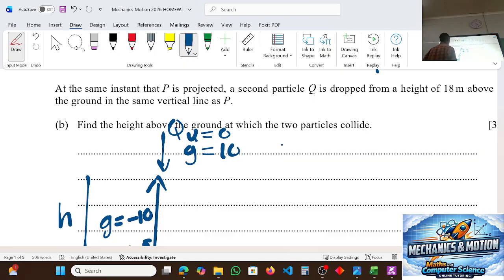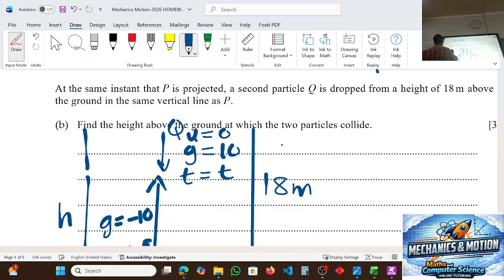One thing that we know is when these two objects collide, the same value of t will exist for either object. And since from the top to the bottom we are told is 18 meters, if a particle P moves h meters up, then Q is going to travel 18 minus h, so that when we add the two, the result is always 18 meters.